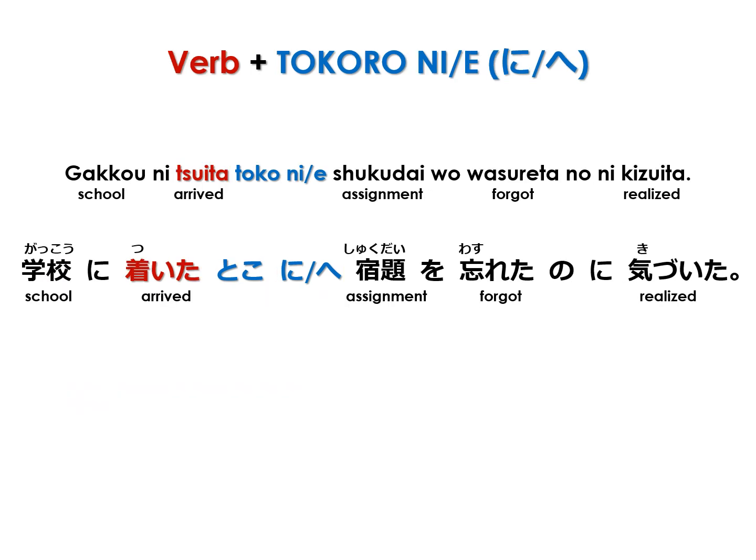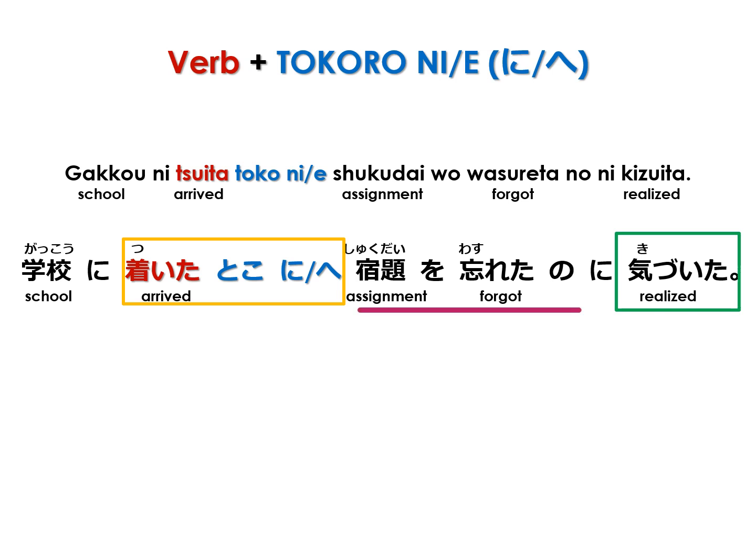Gakkou ni tsuita toko ni shukudai o wasureta no ni kizuita. Or, Gakkou ni tsuita toko e shukudai o wasureta no ni kizuita. We are using the shortcut fast speech version here, toko instead of tokoro. Kizuita means realized. Realized what? That I forgot my homework.